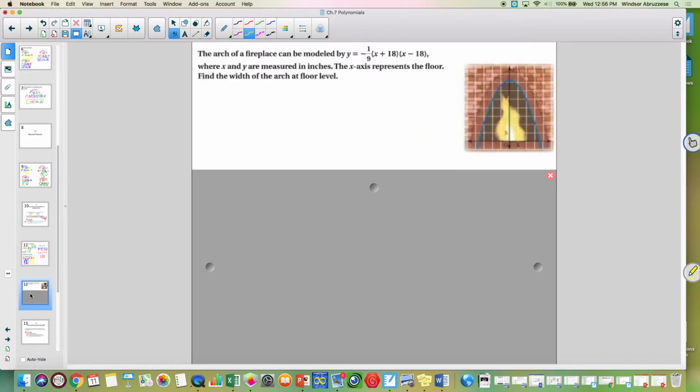Let's take a look at what it would look like in a word problem. The arch of a fireplace can be modeled by this equation. y equals negative 1/9 times the quantity x plus 18 and x minus 18. So here we have a picture of our fireplace, where x and y are measured in inches. The x represents the floor. So here's your floor.